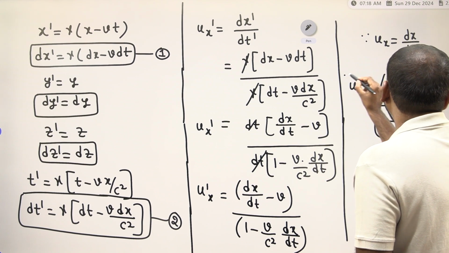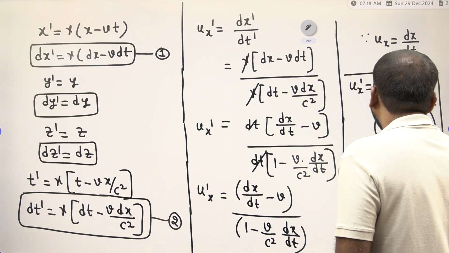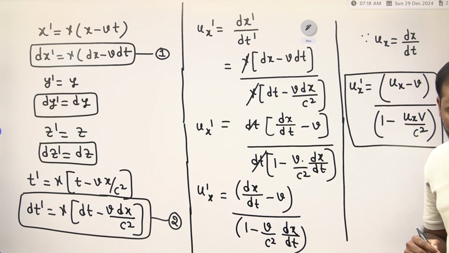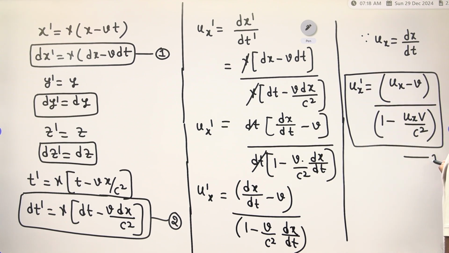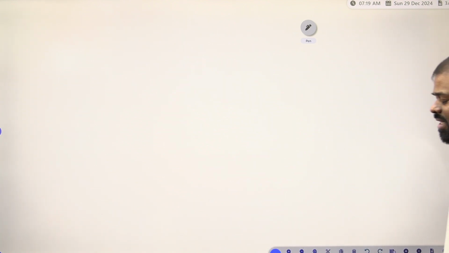This is the velocity component along the x axis. This is equation number 1. Clear? So this is equation number 1, velocity component along the x axis.